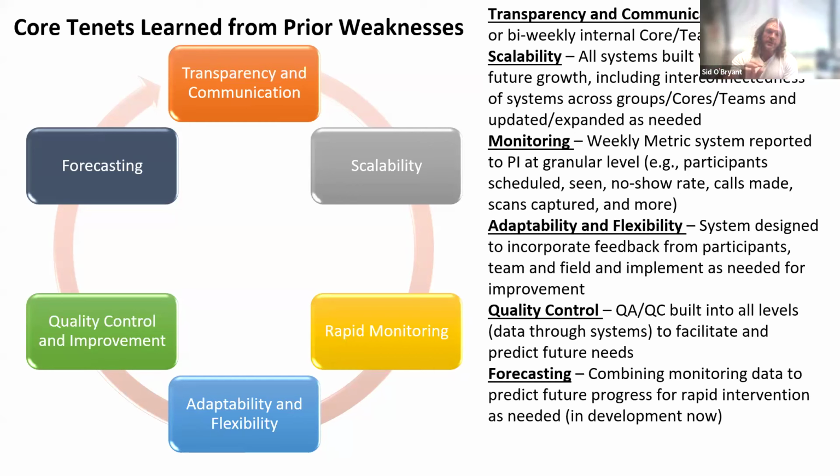We also are building a system so that by the time we start year 3 of the U19, we will know our predicted year 3 total numbers of everything, year 4 and year 5. So based on all of these components, we can predict because we know no-show rates by month. We know how many people are scheduled a week. All of these things allow you to have a better sense of actually what's going on. And this allows you to meet the needs of your community, but also the needs of your team.